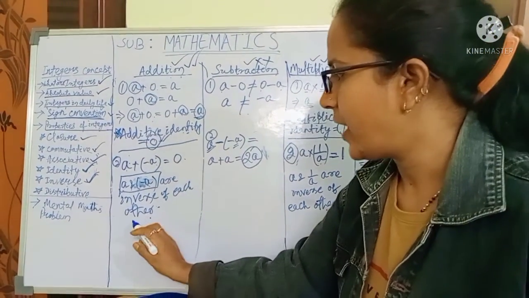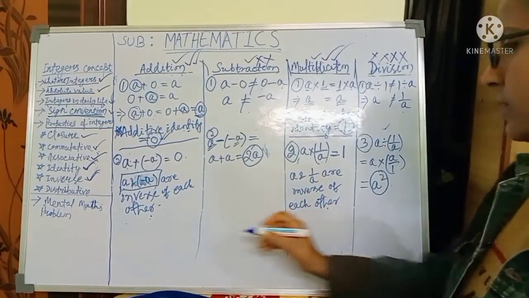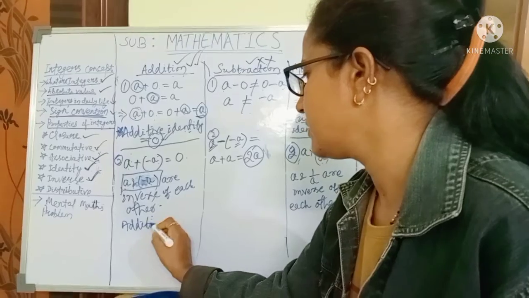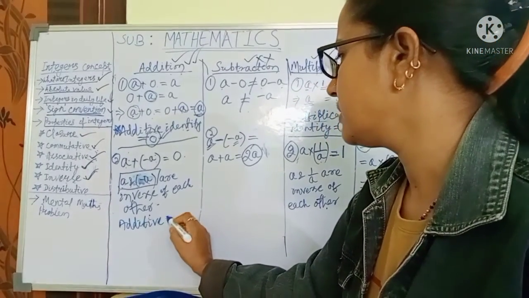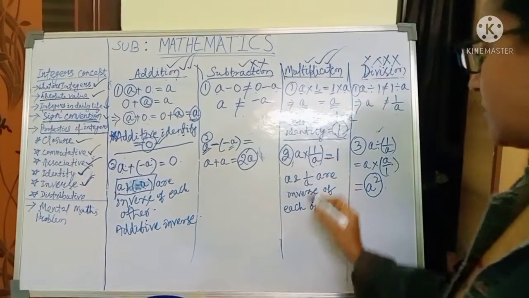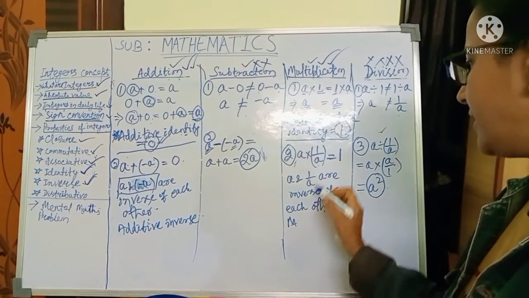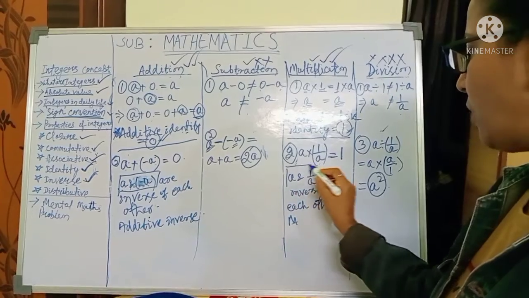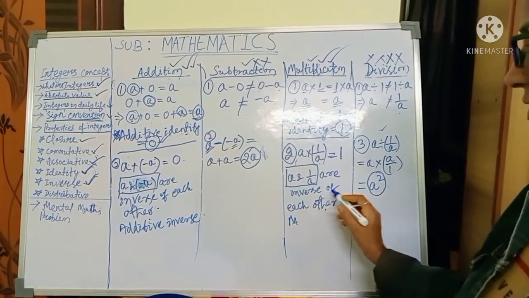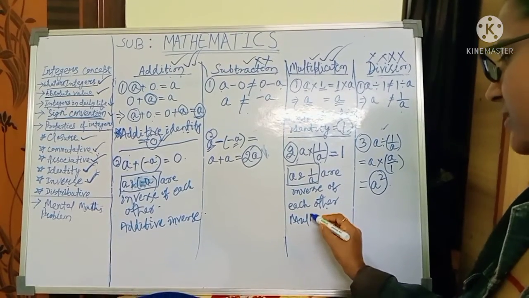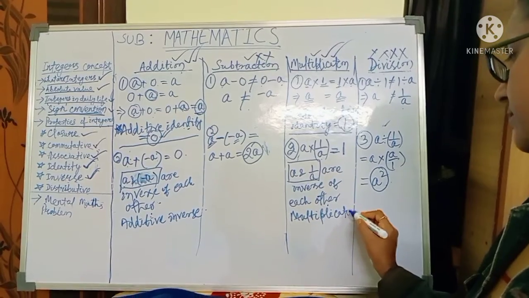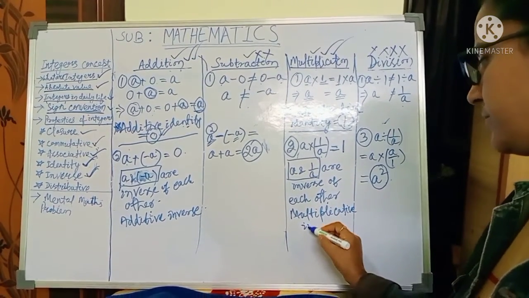These are called the additive inverse. The multiplicative inverse are a and 1 by a. A and 1 by a are inverses of each other. They are known as the multiplicative inverse.